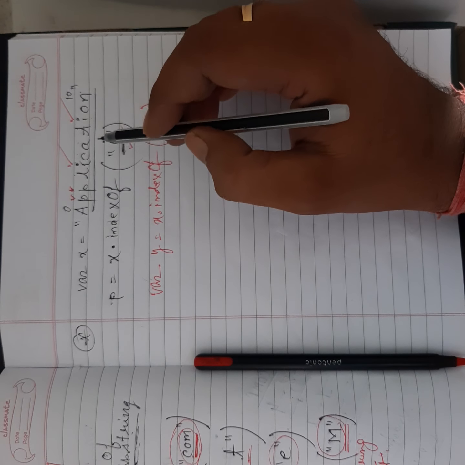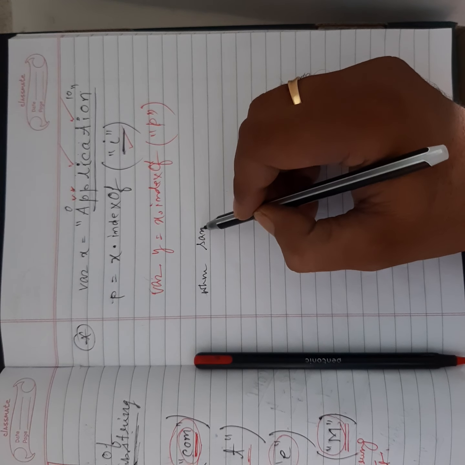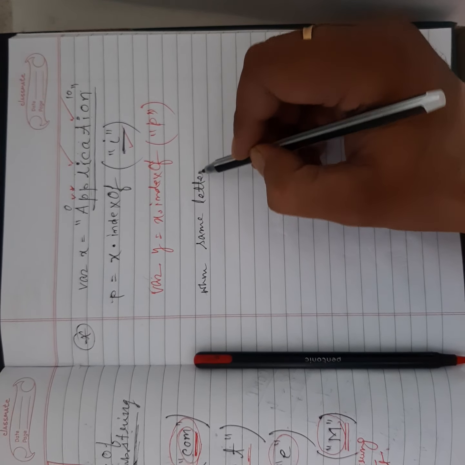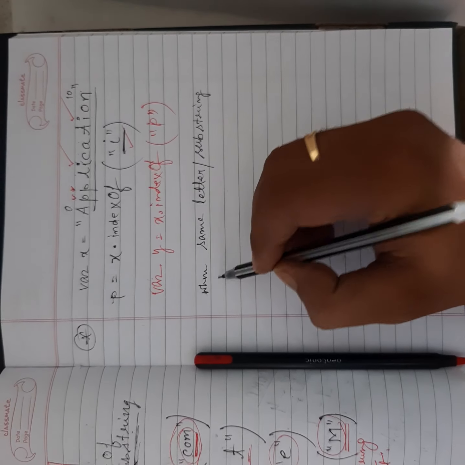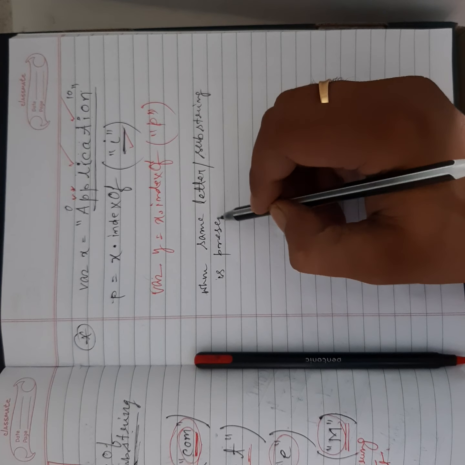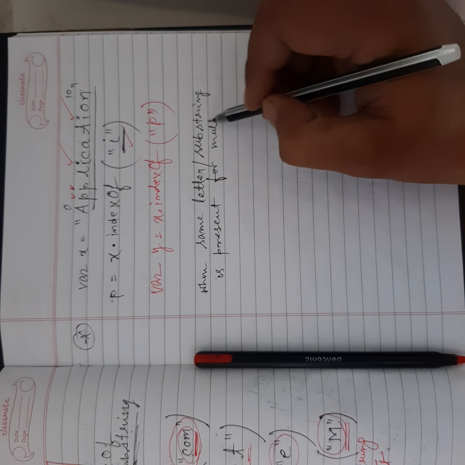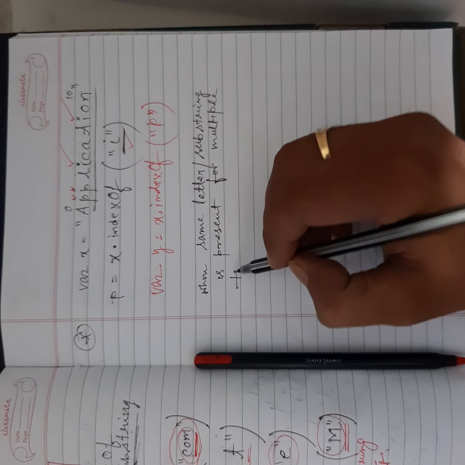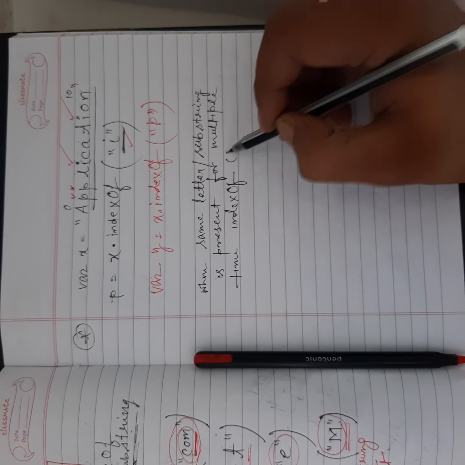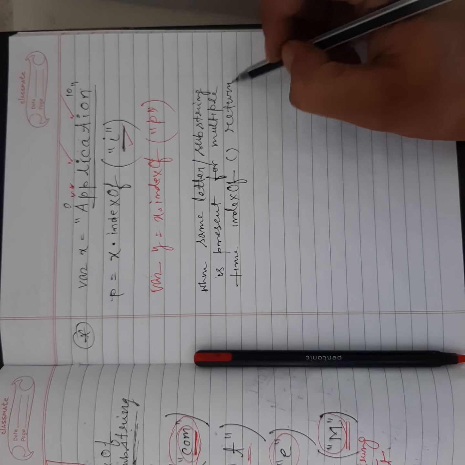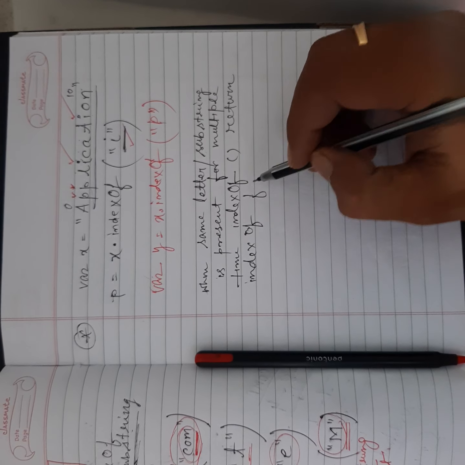Remember, when the same letter or substring is present multiple times, indexOf will return the position of the first occurrence.